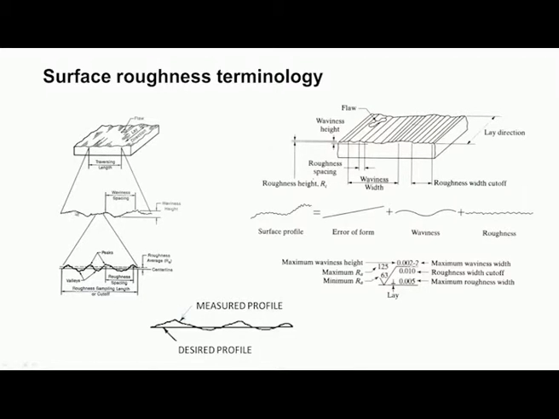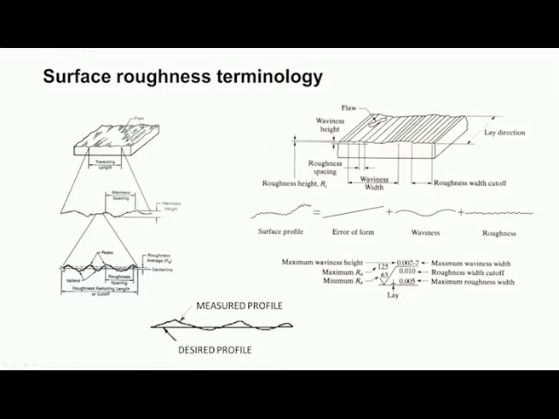You can see the waviness, the waviness height and waviness spacing. And again, if you consider a small portion of the waviness and enlarge it, we can see the micro irregularities, the peaks and valleys, and the distance between two peaks of roughness is known as roughness spacing.